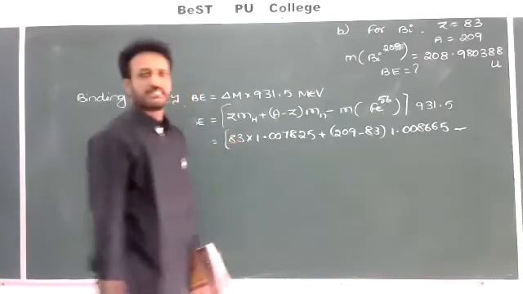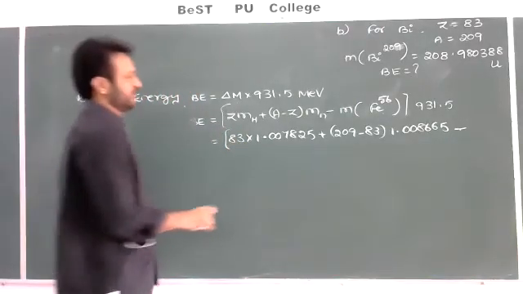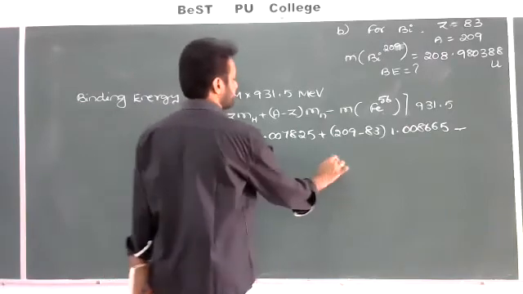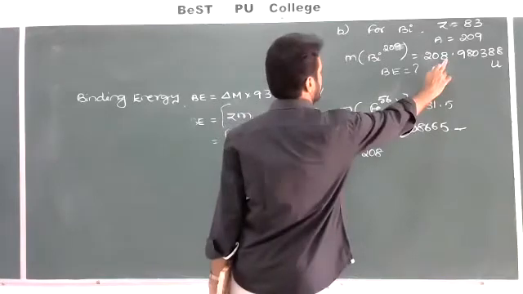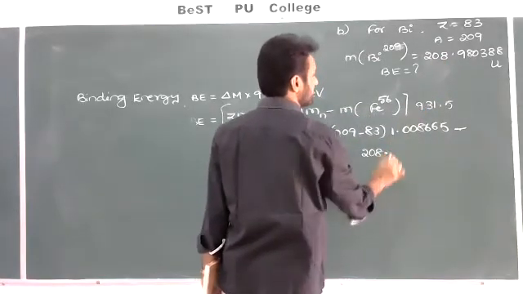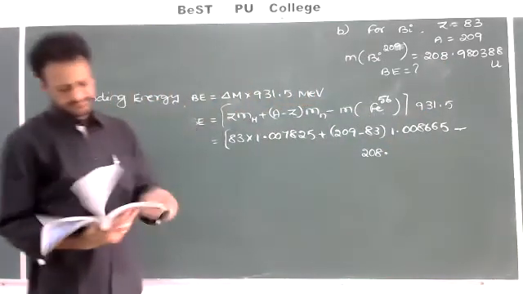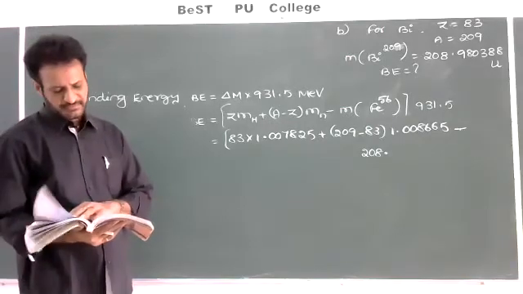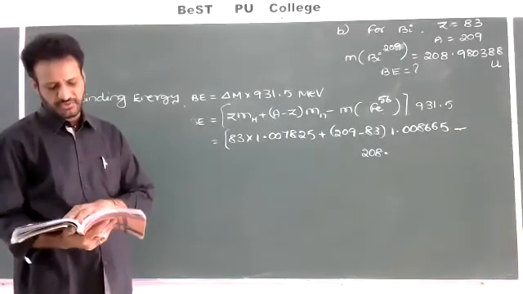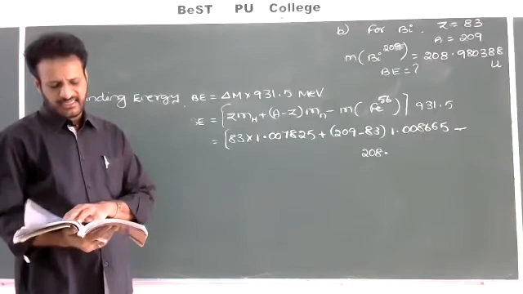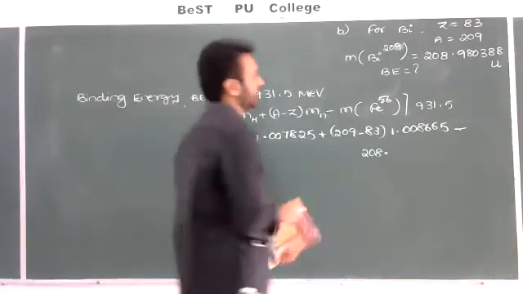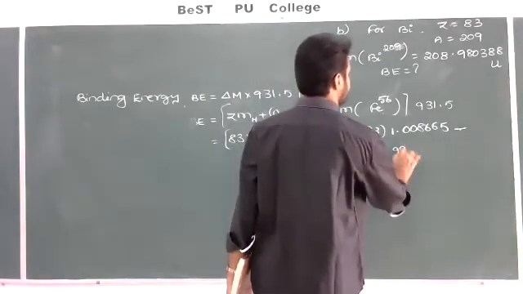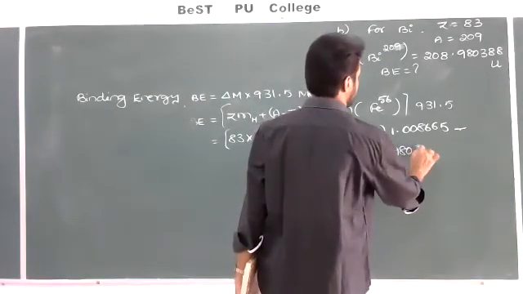The mass of bismuth is already given in the question, that is equal to 208.980388, the value given in the textbook.